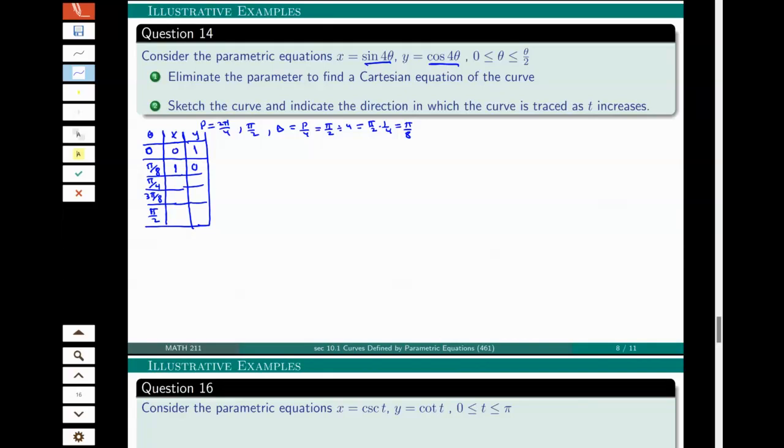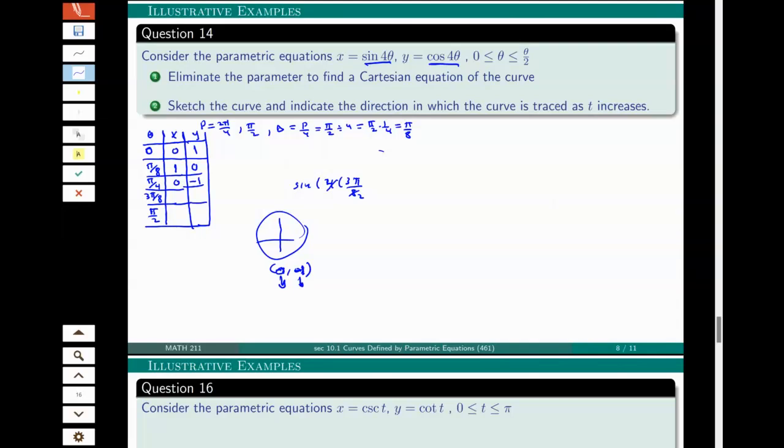If I select pi over 4, it will be sine pi over 4, 0, cosine 4 times pi over 4 will be cosine pi, which is minus 1. For 3 pi over 8, when I substitute 3 pi over 8, it will be sine 4 times 3 pi over 8. So it will be 3 pi over 2, which is minus 1, 0. Sorry, 0 and minus 1. So this will be cosine, and that will be sine.